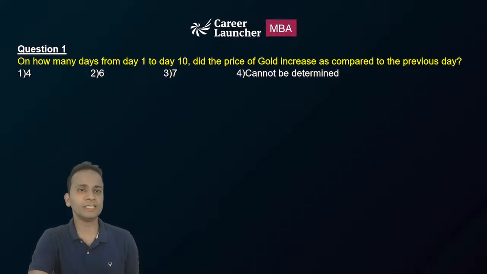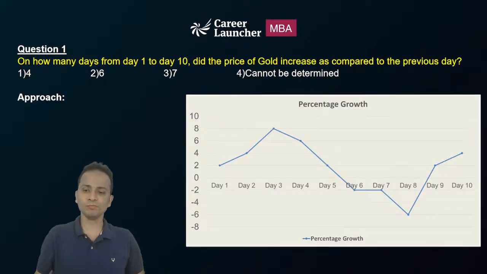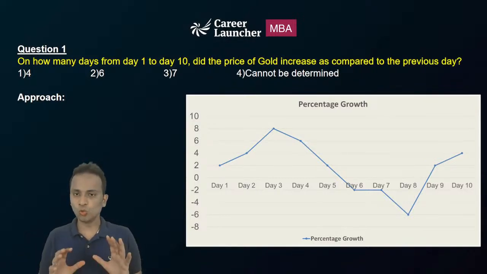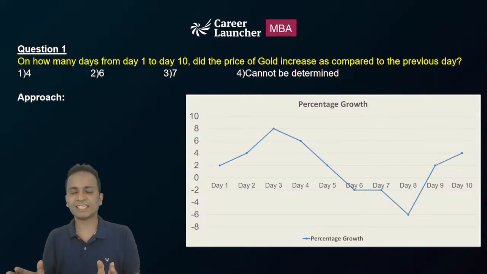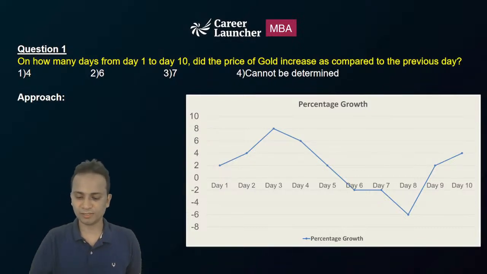We'll have to compare it with the price of the previous day only. The graph is in front of you. We'll discuss the approach, but first I want each and every one of you to understand the data given to you once again and then give me an answer.